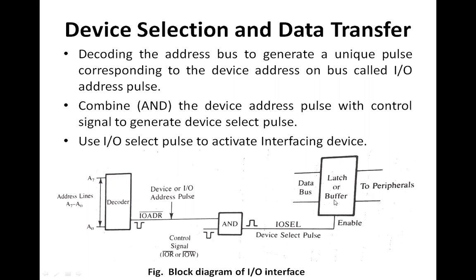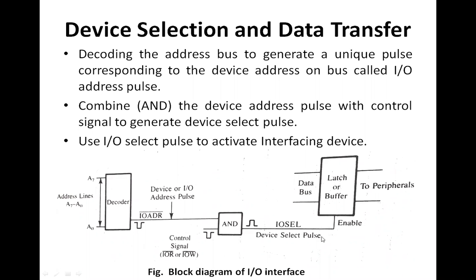One more thing which is very important here is when we use a latch and when we use a buffer. Whenever a microprocessor has to send data to the output port, we will be using a latch. And whenever an input device is going to send information, it is being buffered. So you should not be confused with that.